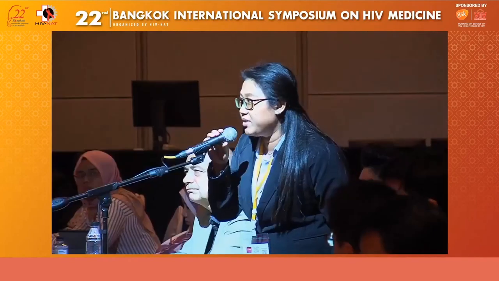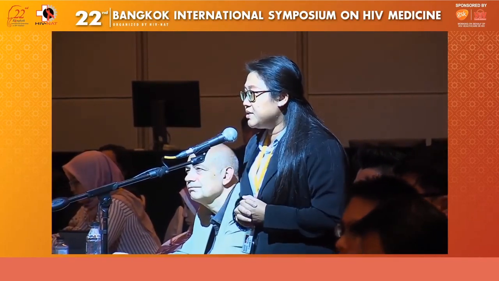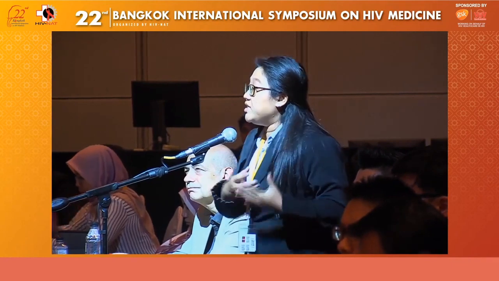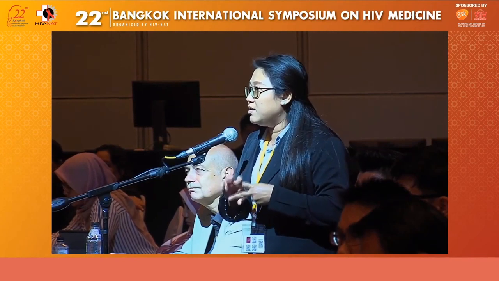Thanks for your excellent talk. I am from the Thai-Burma border, from one of the TB clinics for the migrants. My question is, one of my patients showed GeneXpert positive twice on 2 samples.